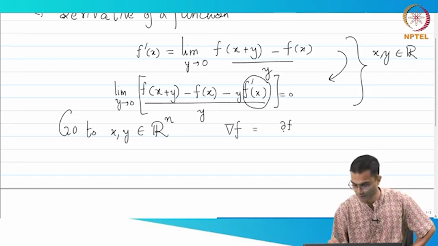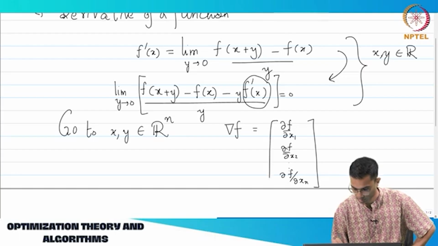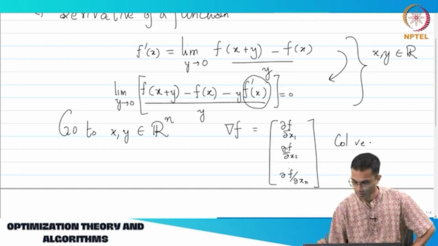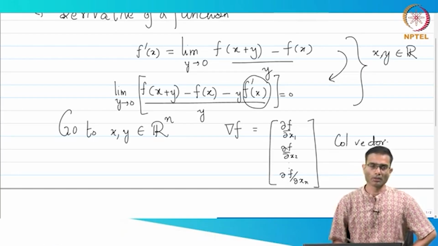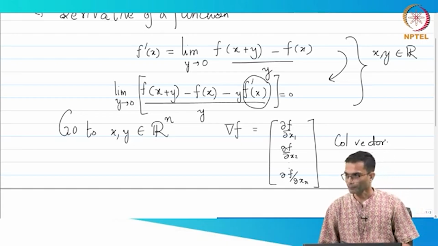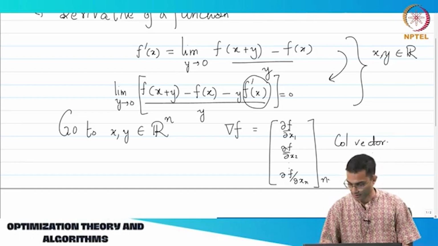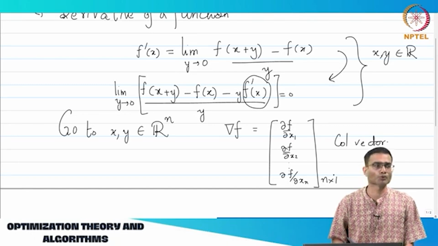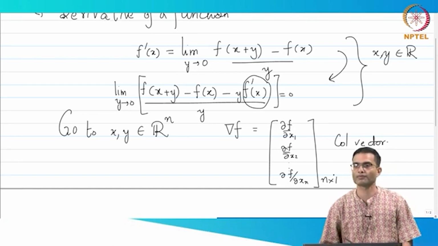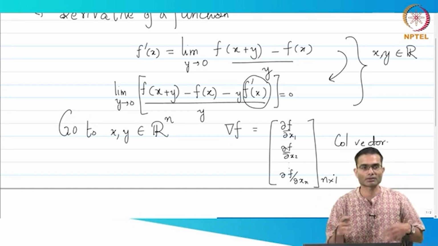So this is going to be df by dx1, df by dx2, up to df by dxn. The common convention is to write it as a column vector of size n cross 1. Although in some books and papers you will find it written as a row vector as well, it doesn't really matter. It's a collection of n numbers.